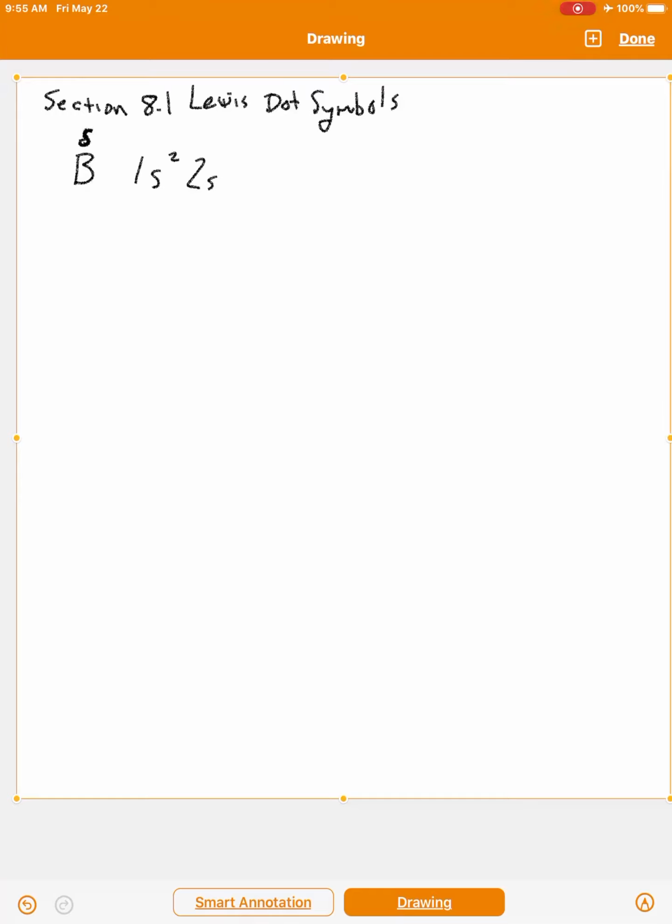Lithium is number 3. Boron is 1s2, 2s2, 2p1. We could use this noble gas kernel or core notation. Helium is element number 2, so it's 1s2. So boron would be helium, 2s2, 2p1.